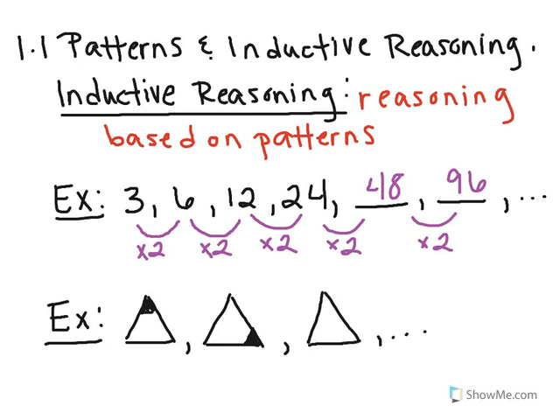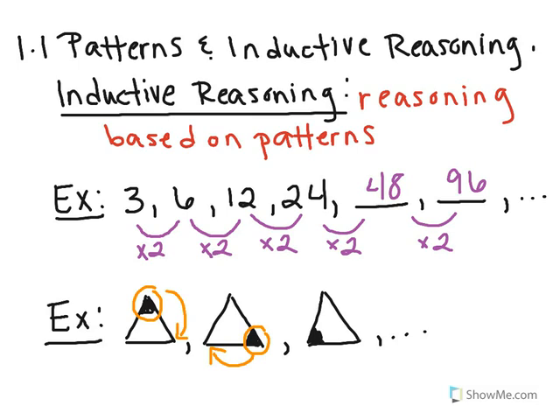And if you can see this, this is moving in a clockwise position. This piece of this triangle has moved to this corner. So if I follow this pattern again, if it's continuing to move clockwise, this is going to move over to this angle here of this triangle. So my next shape should have this part of my triangle shaded.